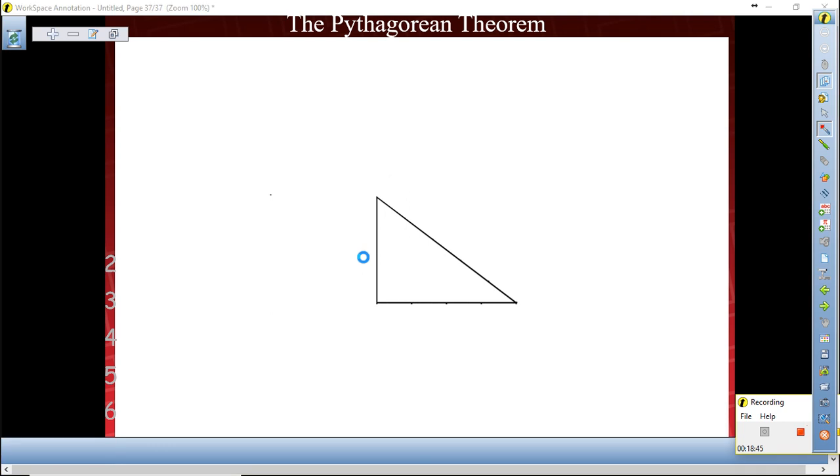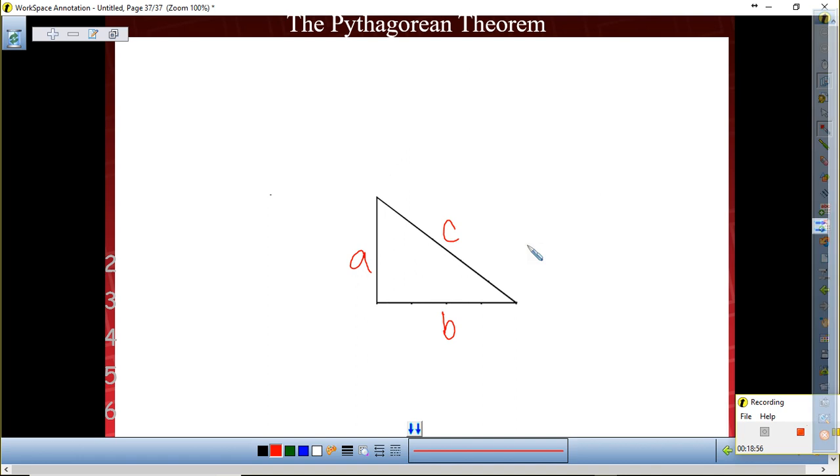Let's label this one A, this one B, and this one C. Tell your neighbor the Pythagorean theorem, please. A squared plus B squared equals C squared. Copy that, please. This works with any right triangle.